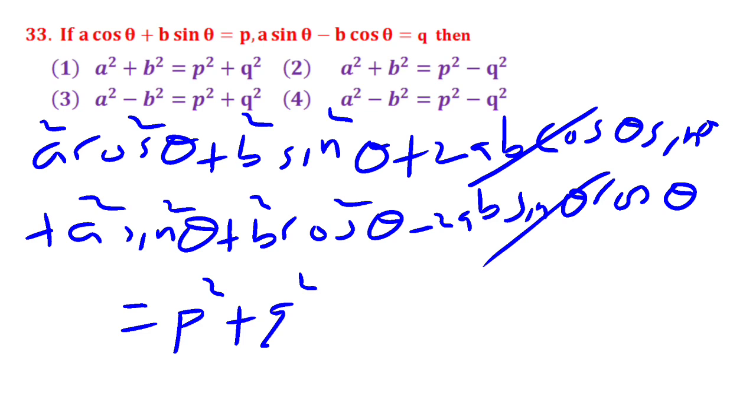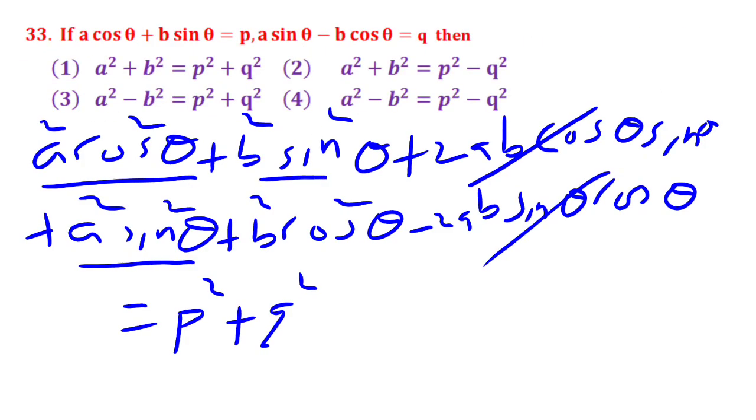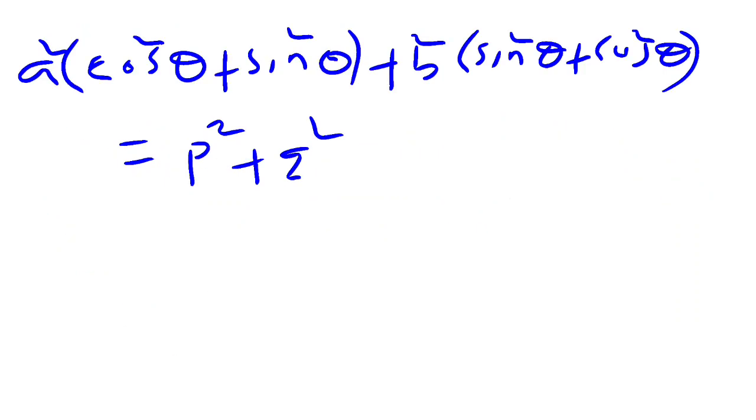Next, in a square cos square theta and a square sin square theta we can take a square common, the bracket of cos square theta plus sin square theta. Next, b square sin square theta plus b square cos square theta, we can take b square common, the bracket of sin square theta plus cos square theta. So it equals p square plus q square.